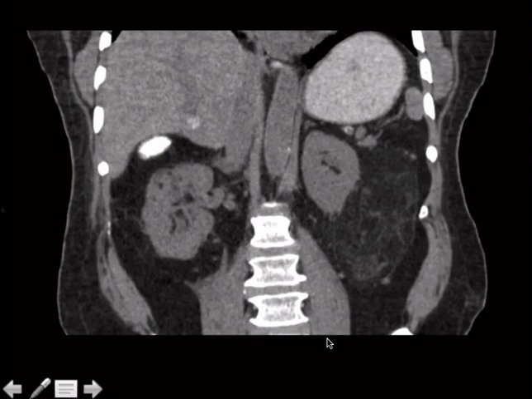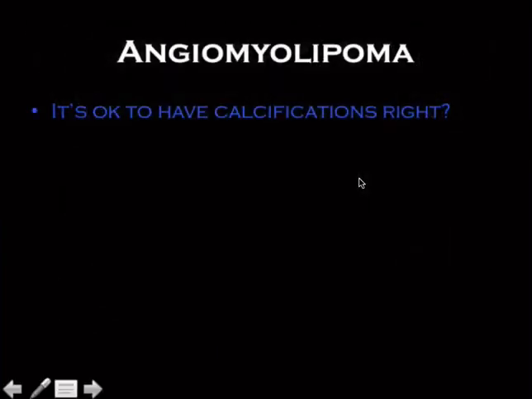So there's a fat-containing mass here. I'll just tell you that it is originating from the kidney. So this is an AML. Now, is it okay for AMLs to have calcification? The answer is nope.